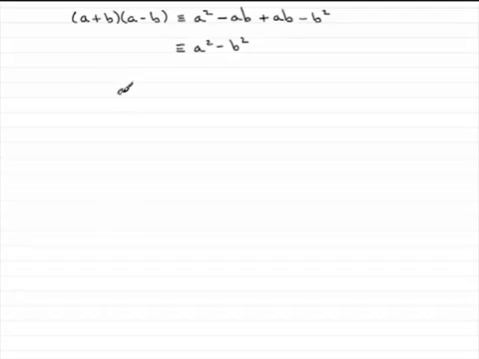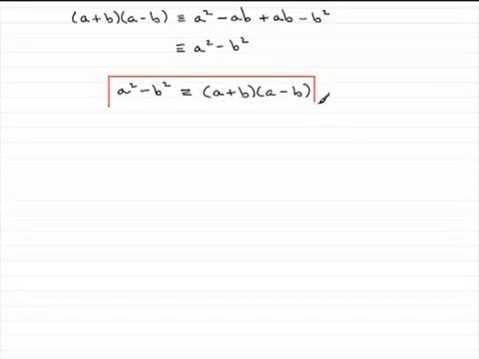Basically it's saying that if we reverse the process, if we've got a squared minus b squared, then this comes from a plus b multiplied by a minus b, or a minus b times a plus b. It doesn't matter which way round. What we've got here is one term consisting of two factors: the first factor a plus b, the second factor a minus b. So we have factorised a squared minus b squared.